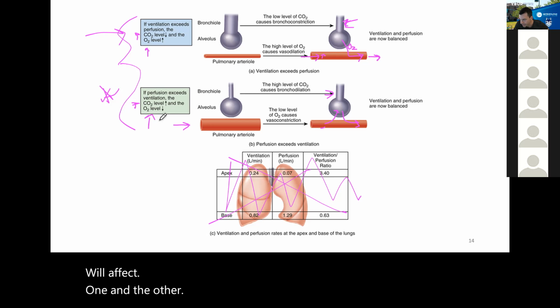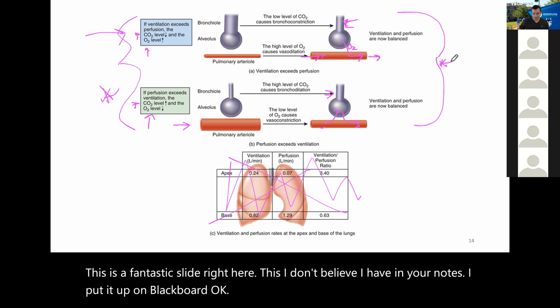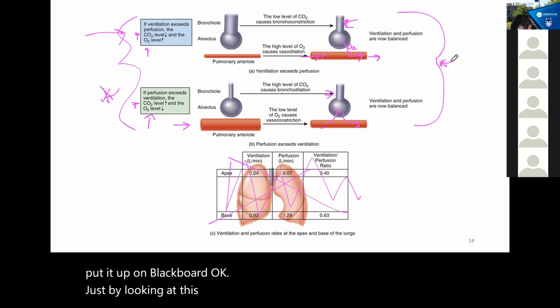This is a fantastic slide right here. This, I don't believe I have in your notes. I'll put it up on Blackboard. Just by looking at this slide allows you to really get a sense of this concept of ventilation perfusion.